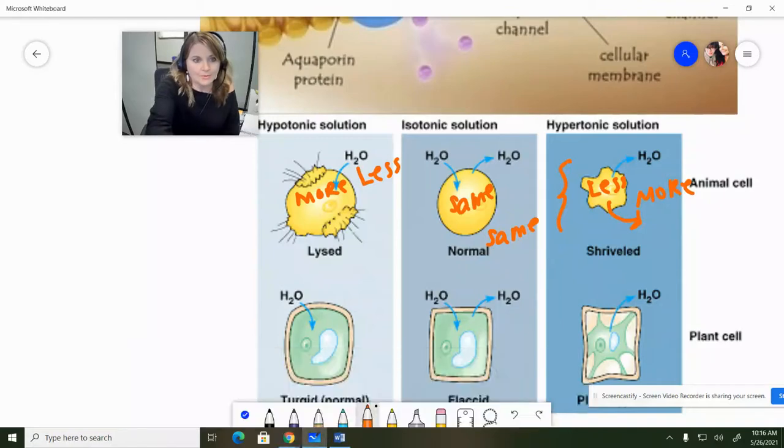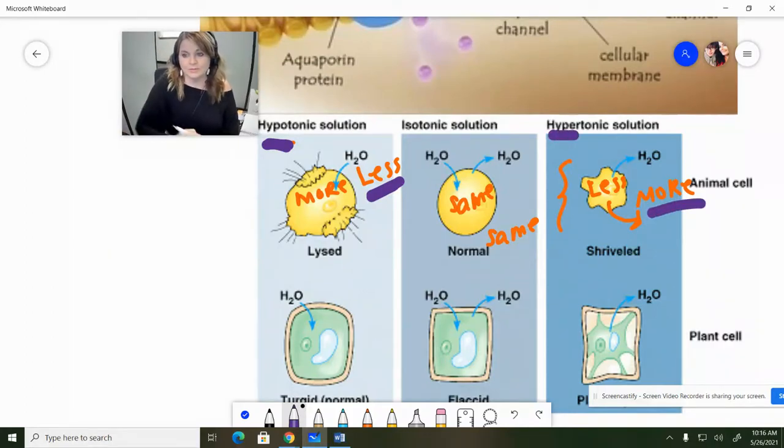So hypo means less. So we're looking at the solution. The solution is less outside, so it's hypotonic. The solution on the outside is more, so we call that hypertonic. And then when the solution on the outside is the same, we call that isotonic. Okay, and that's kind of what happens here.